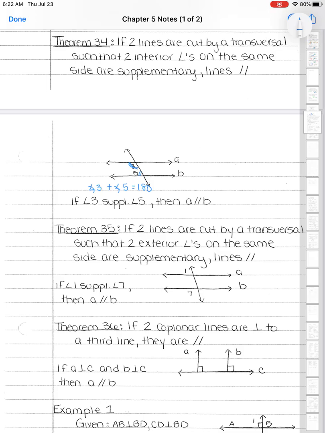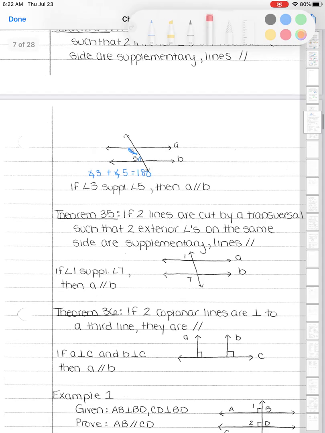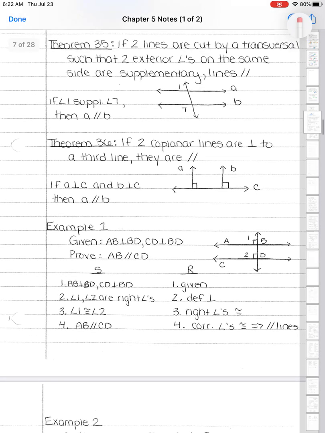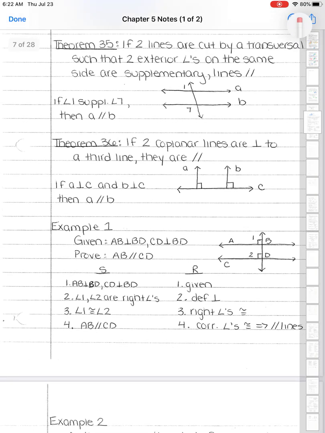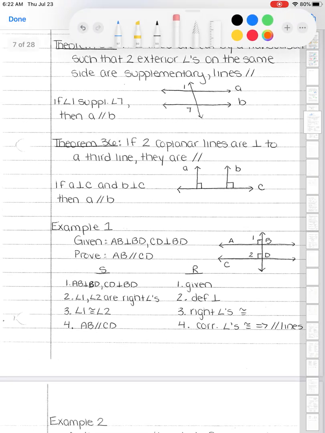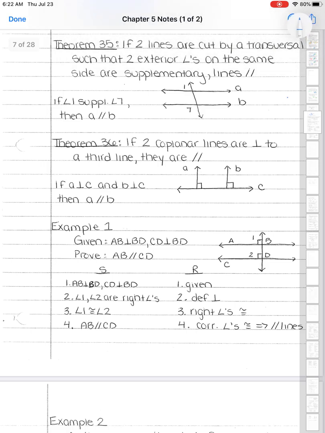So these are your same side supplementary, which was not one of the vocabulary ones that we went over, but it was in that example we had done with that last diagram in the notes previously. So then the lines are parallel. So just like with same side interior being supplementary, same side exterior are also supplementary.